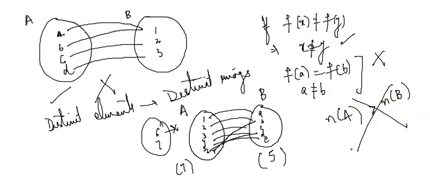If I ask how many functions are possible in this case, that is clear, 5 to the power 7, as we did in the previous case. But one-one functions are not possible if the number of elements in A is greater than the number of elements in B. So no injections are possible in this case if order of A is greater than order of B.